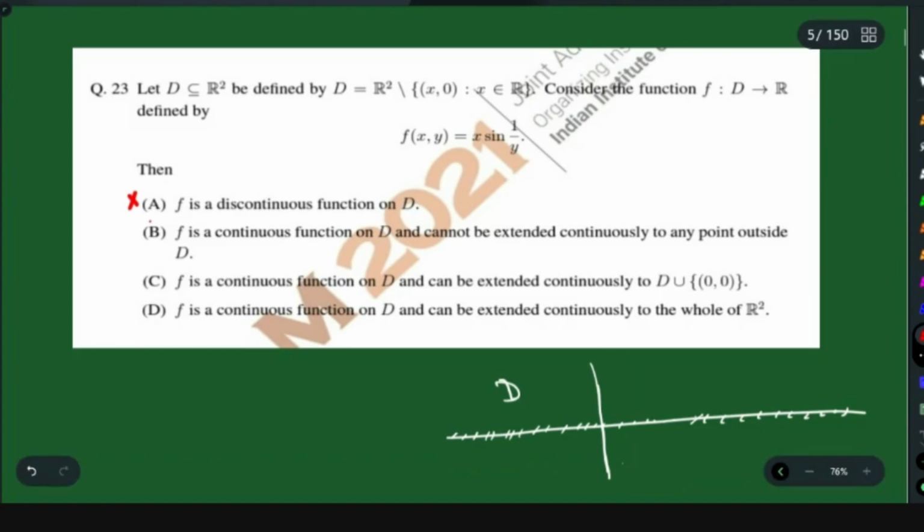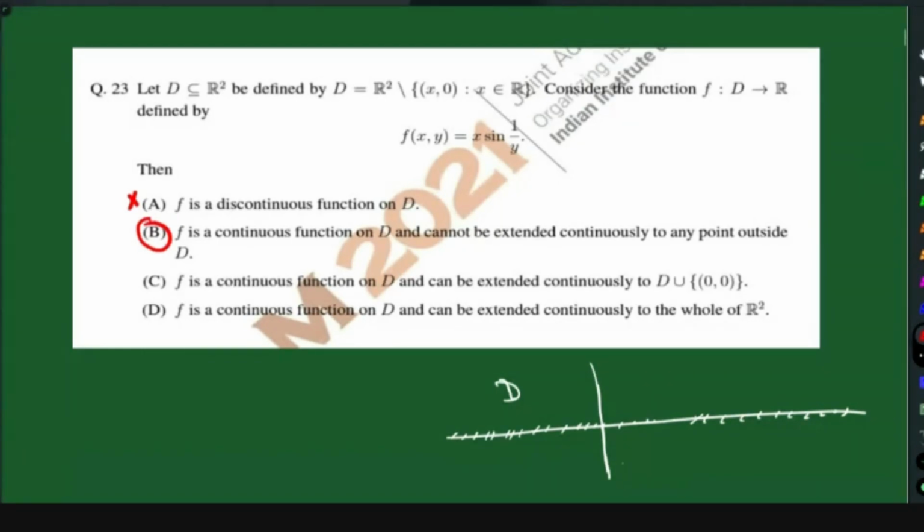Before going to that, look at the third option: F is continuous on D and can be extended continuously to D union (0, 0). The only thing is you are including (0, 0) here. So second option we will look at later. First look at the third option.